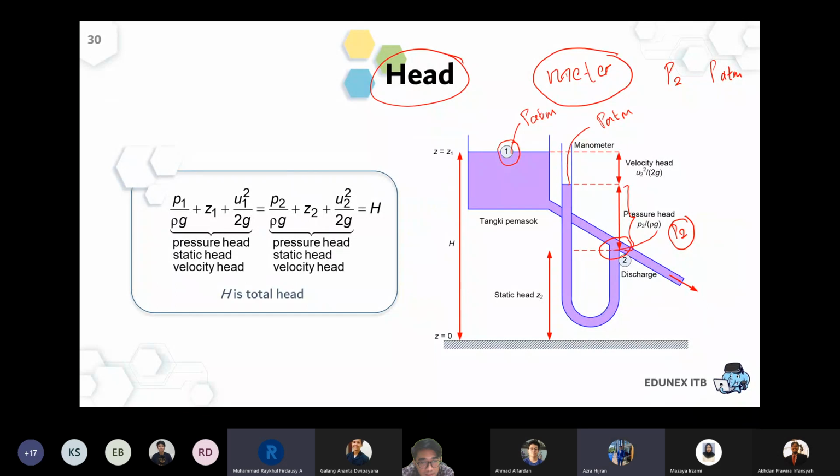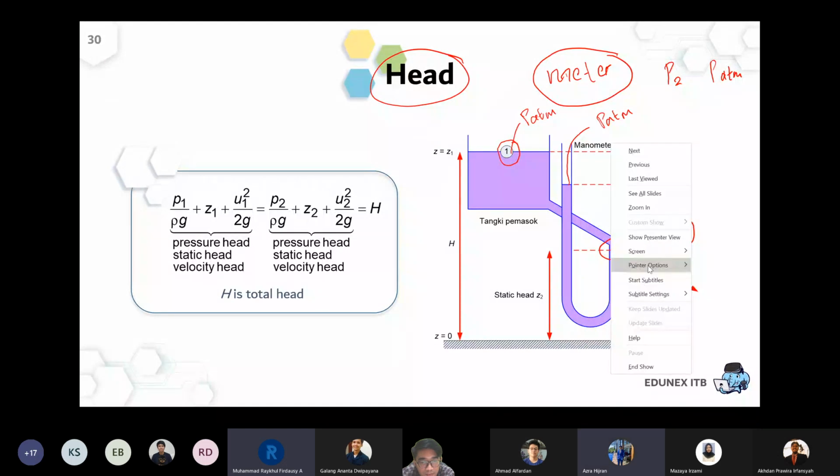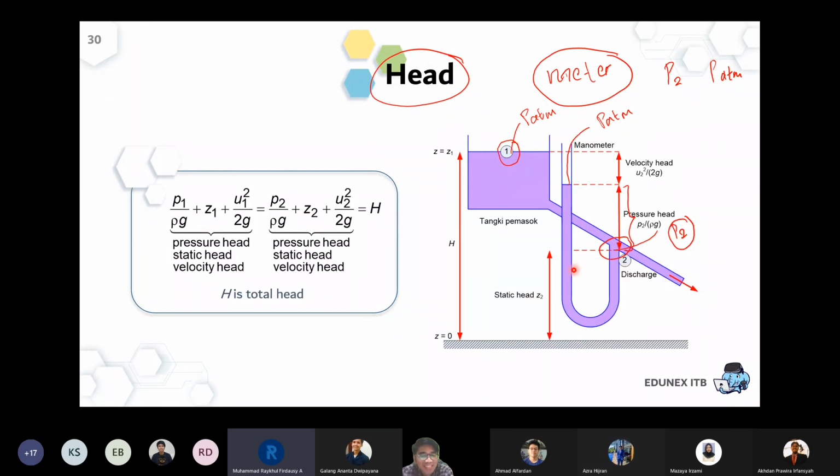The less height, sir. The less height. Why? Can you further elaborate? Is less height caused by higher pressure at this point? No, right? It's vice versa.